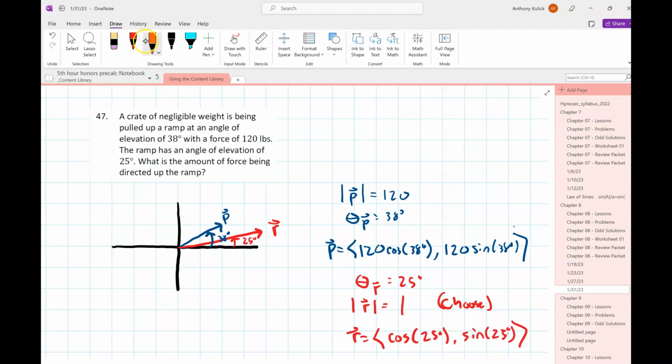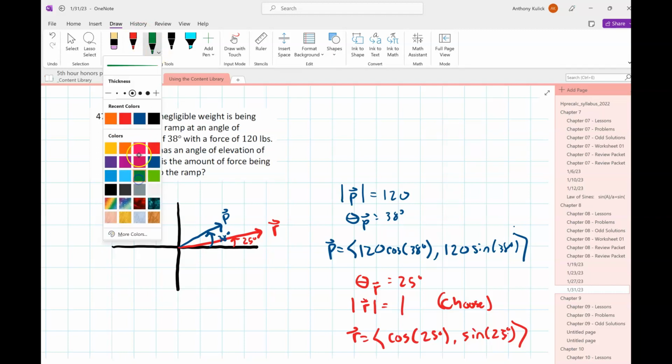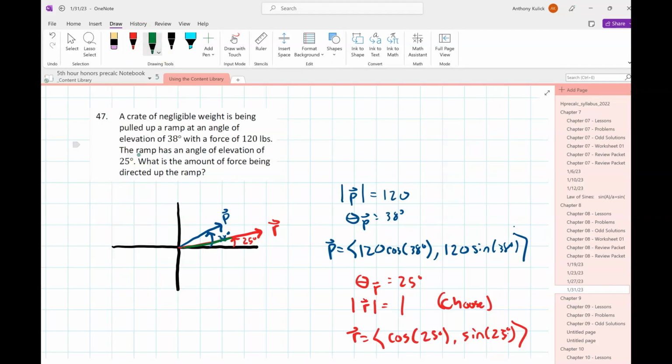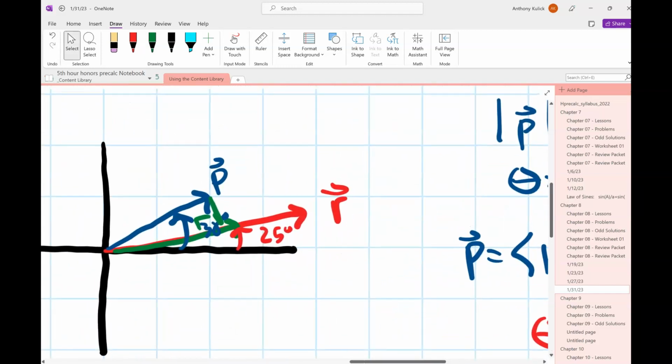And now what we're looking for is this projection, right? Where I'm going to project that vector P down onto my vector R, and I want the magnitude of that projection.